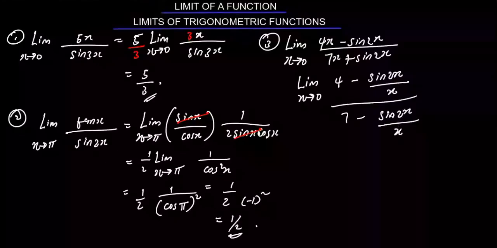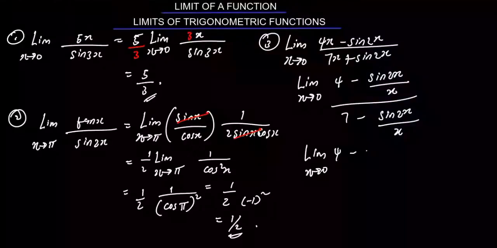Also, it is possible for me to say I have the limit as x tends to 0 of 4 minus, and this I can write as 2 sine 2x divided by 2x.